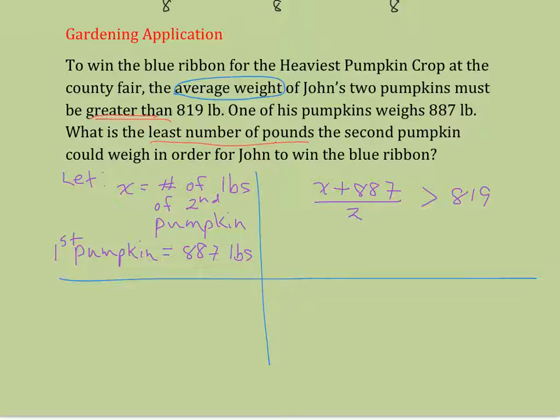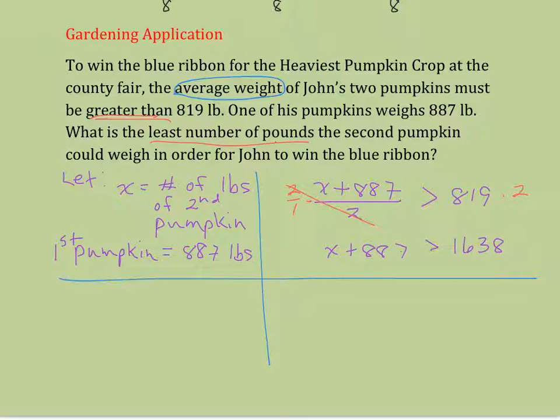Okay, so to get rid of my fraction, I want to multiply both sides by the denominator. So in this case, the denominator is 2. So I'm going to multiply the left and the right side by 2. That way those cancel. And I get x plus 887 is greater than 1638.